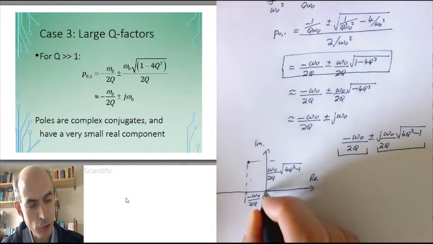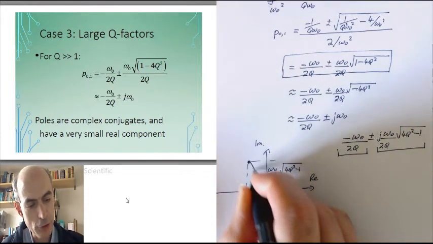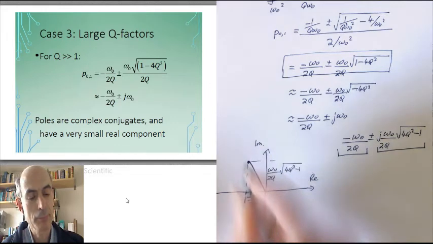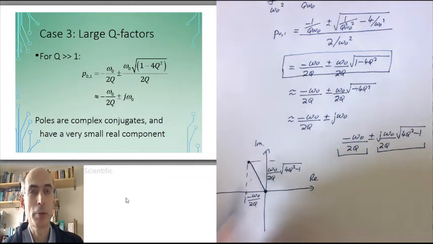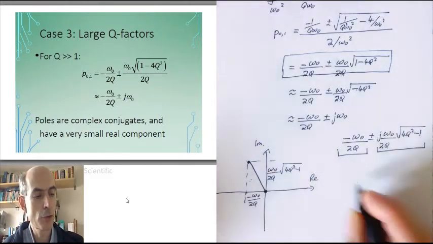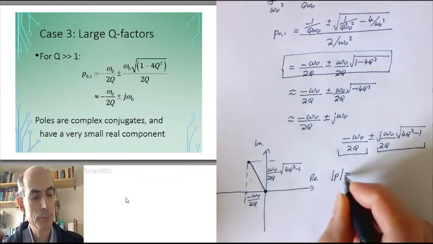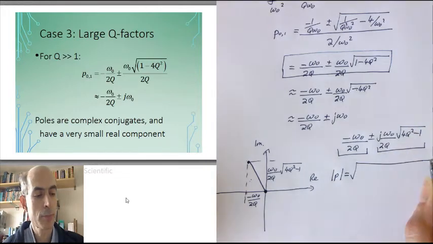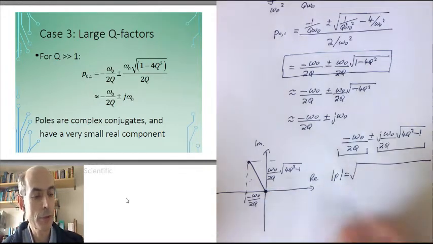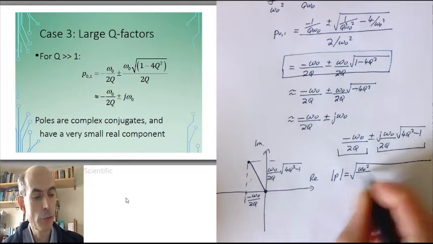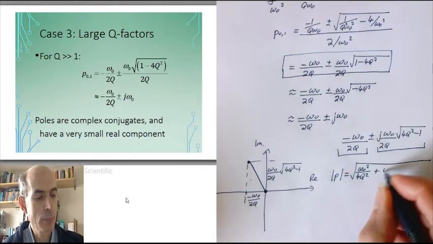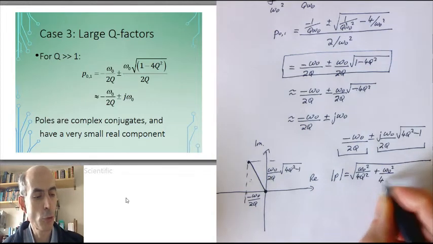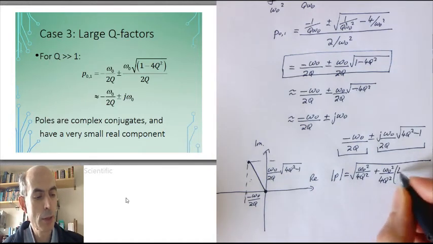Right, what is the magnitude of this pole? The length from the origin. And that's just good old Pythagoras again. The magnitude of the pole is the square root of the real part squared, omega naught squared over 4q squared, plus the imaginary part squared, omega naught squared over 4q squared times 4q squared minus 1.